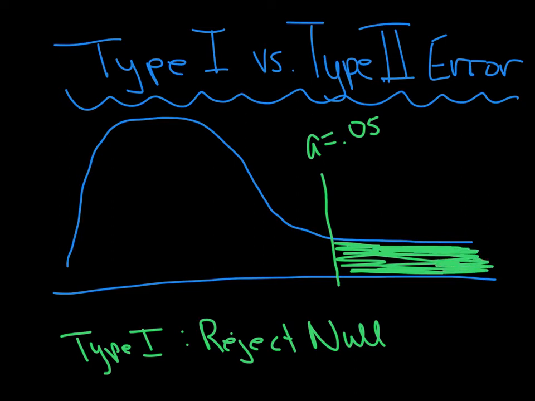So what it's saying is we're going to allow a 5% chance that our hypothesis will be shown to be significant just due to a fluke, due to random events, because remember this converts to 5%, okay?